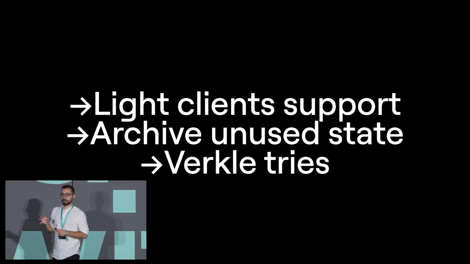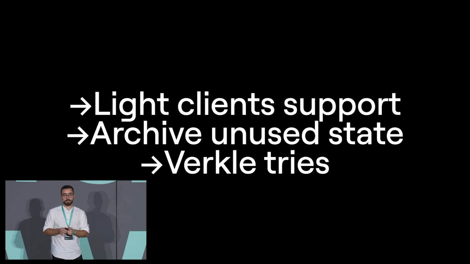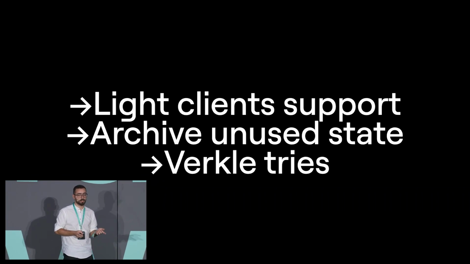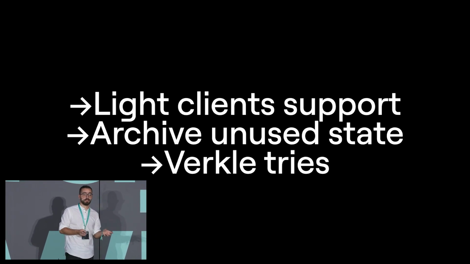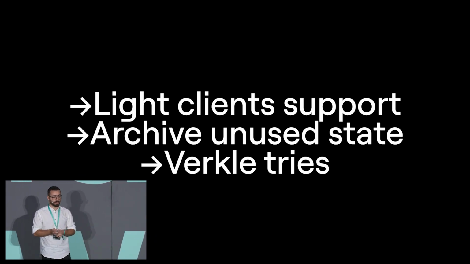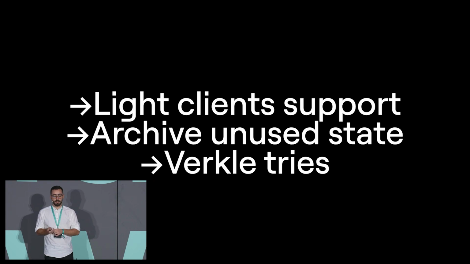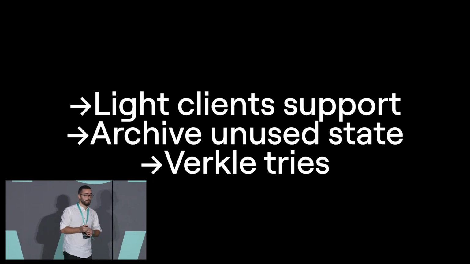You won't be able to access it, but it won't be removed. If you want to access it after that, you can call a built-in function which will unarchive that state. And another direction we are researching, we want to implement Verkle trees.